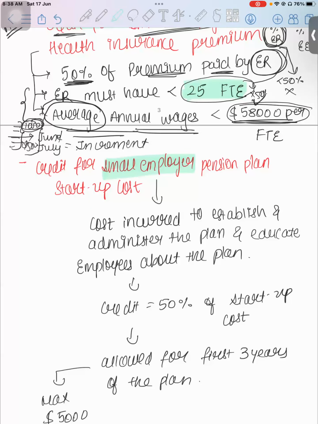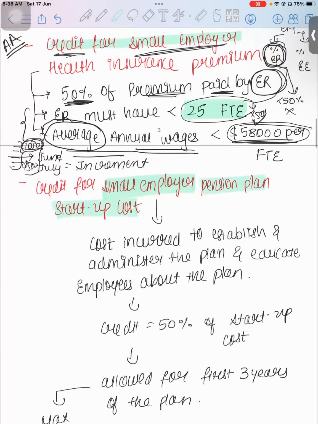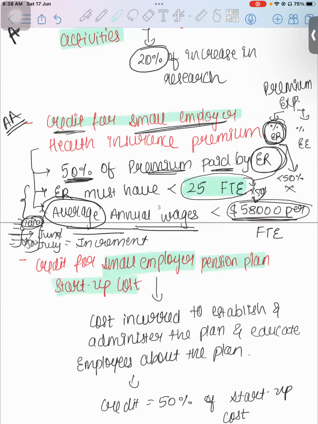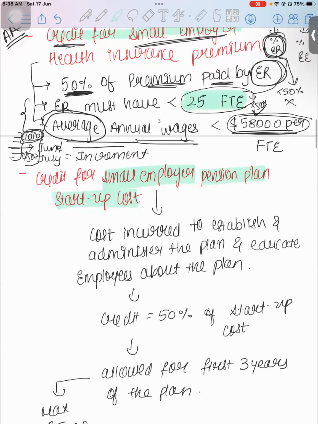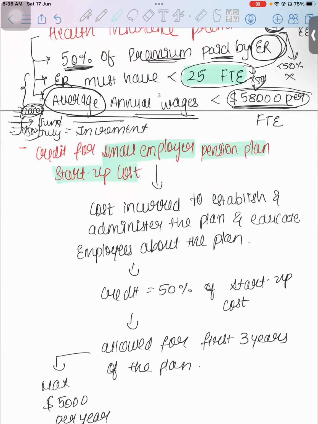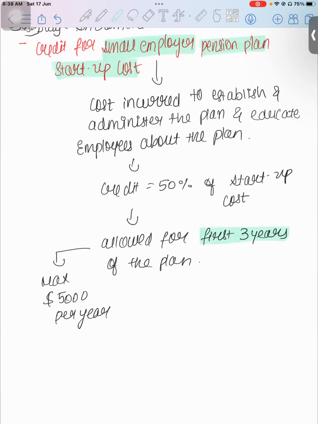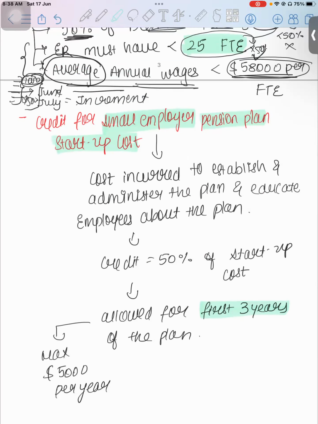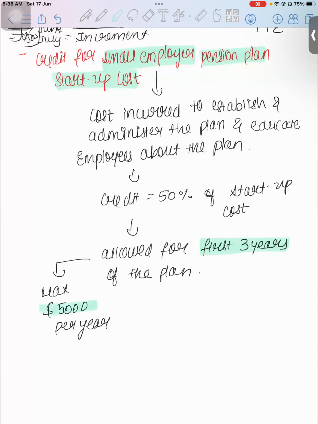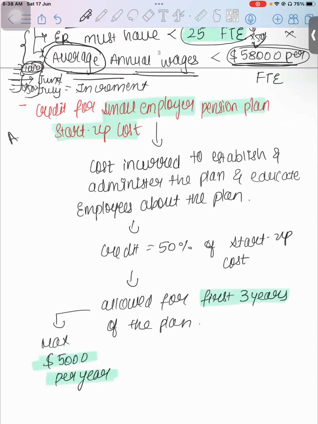If they are providing a pension plan startup, so initially they have just started providing the pension plan to their employees, this credit has a limitation of years. For the first 3 years you can get this credit, and the maximum is 5,000 per year. So this is a category.